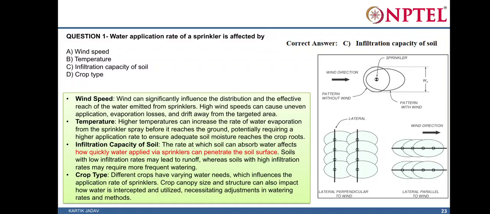This is the fundamental property that affects the water application rate of a sprinkler, because the rate at which the soil can absorb water affects how quickly water applied via the sprinkler can penetrate into the soil surface. So the correct answer is option C.